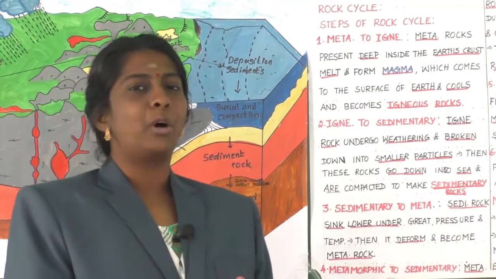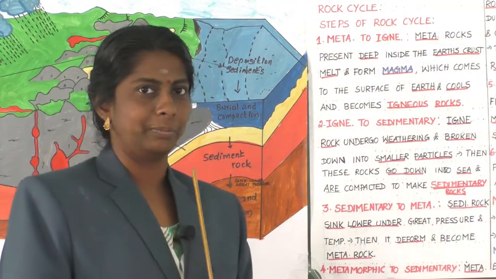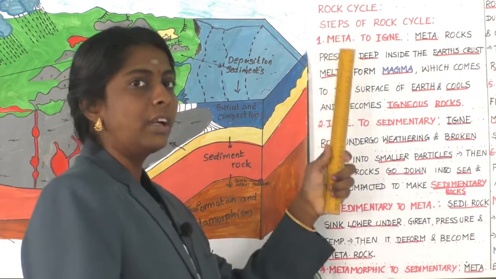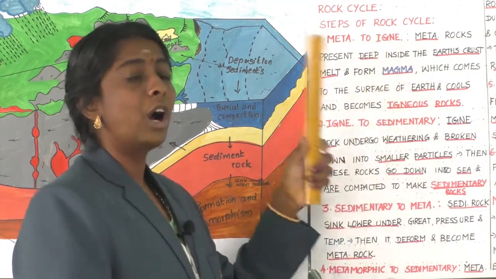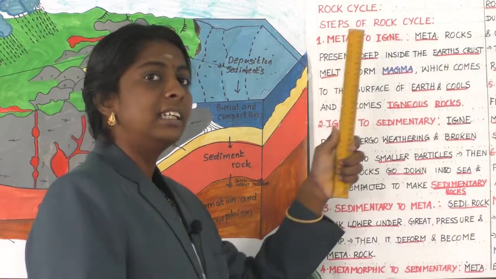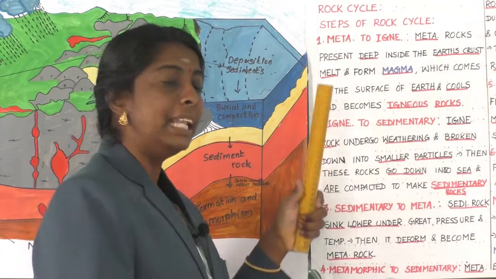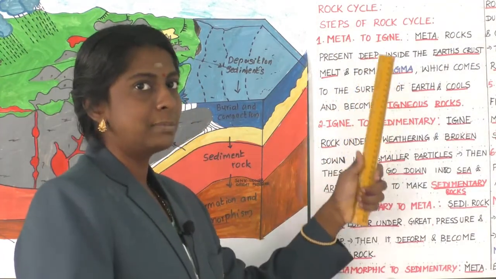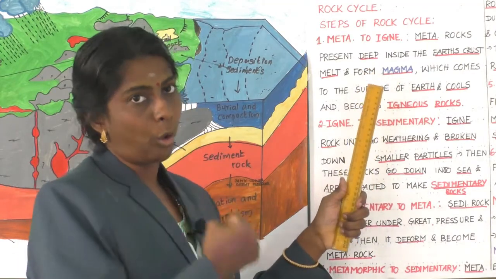Now let us learn about the same, that is steps of rock cycle. As I said, first metamorphic rock is getting converted to igneous rock. So how it is getting converted? Metamorphic rocks present deep inside the earth's crust melt and form magma. What is this magma? It's nothing but the hot liquid rock.